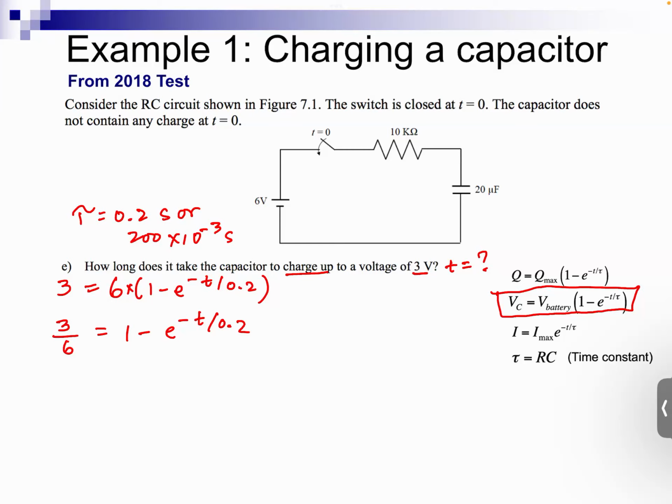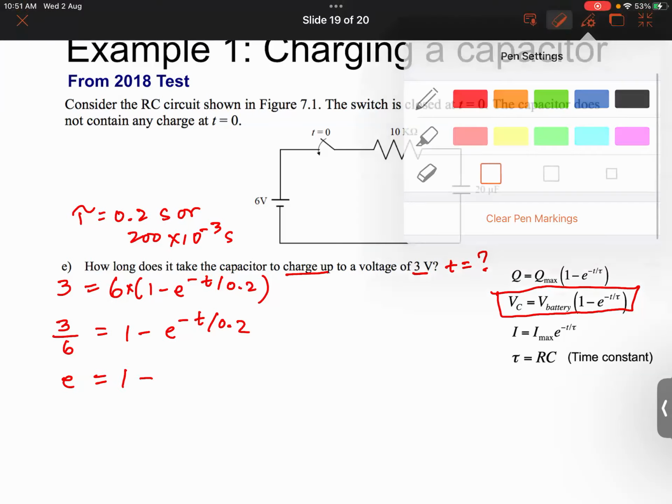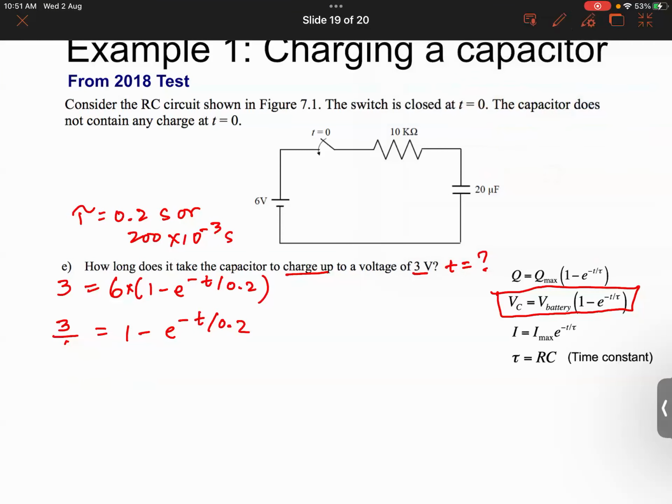So you have e to the negative t over 0.2 is equal to 1 minus 1/2. I simplified 3 over 6 to 1/2. Just rearranging from this equation to isolate this e to the negative t over 0.2.